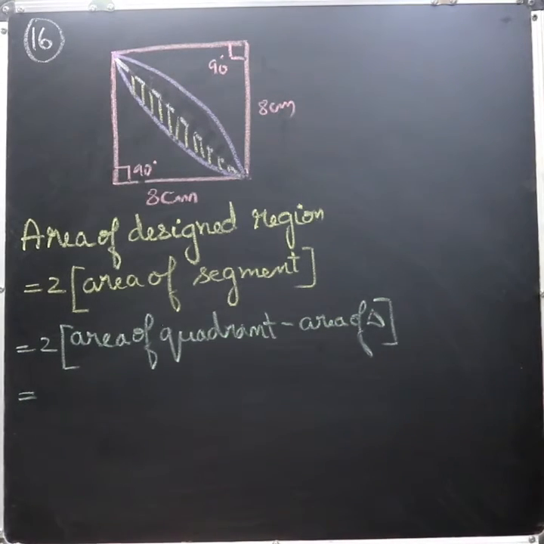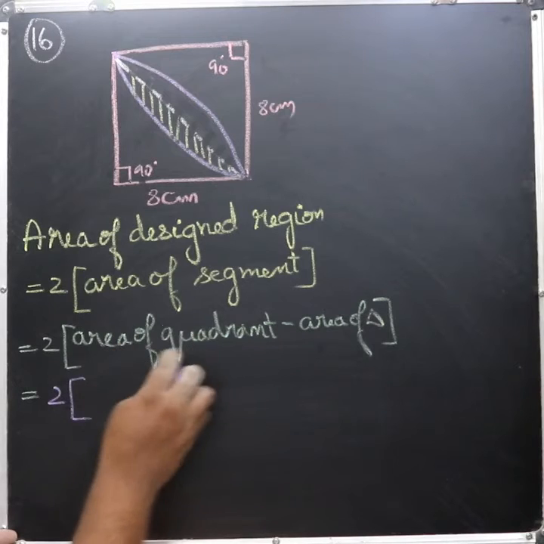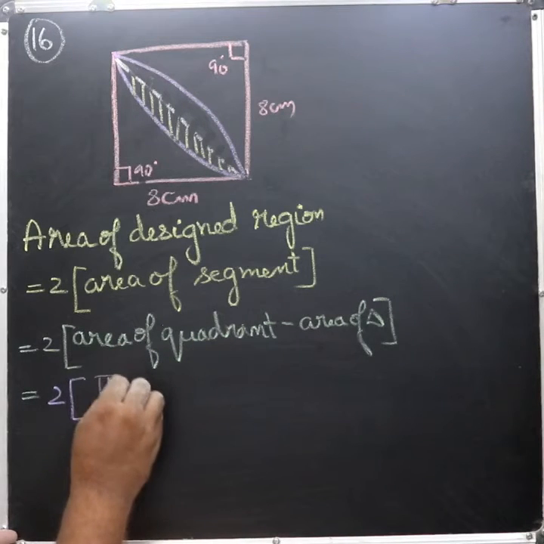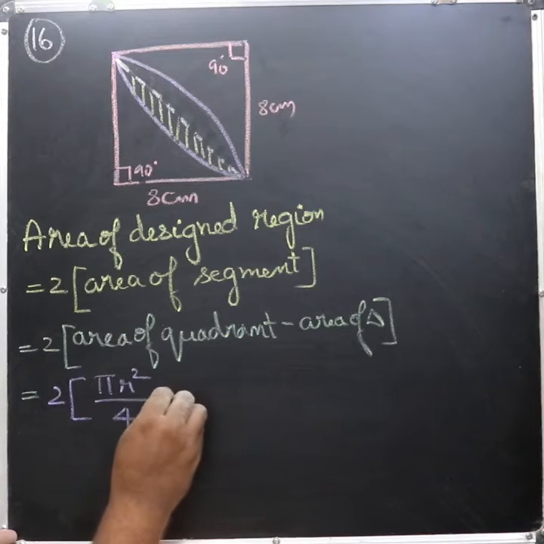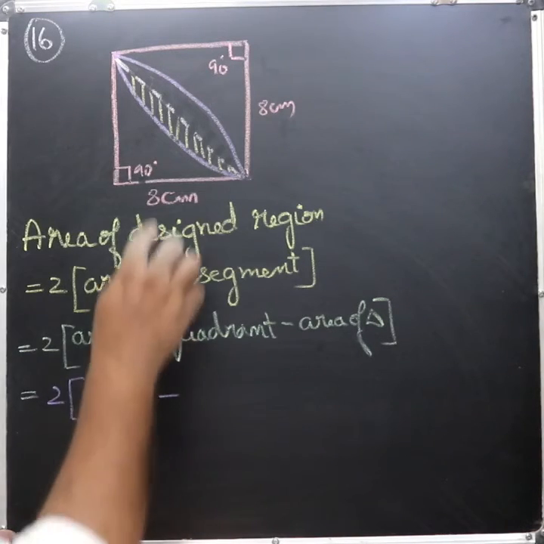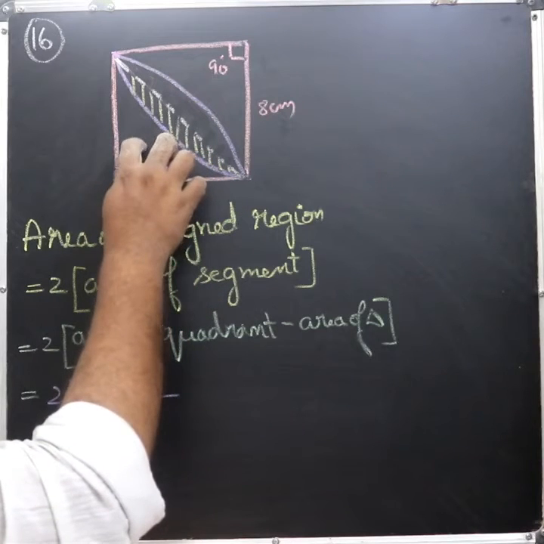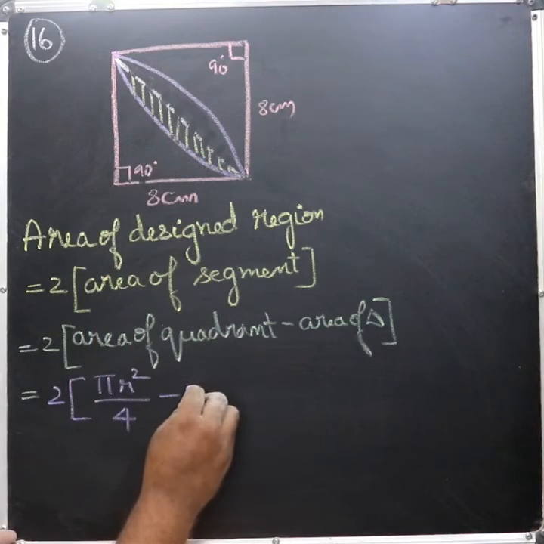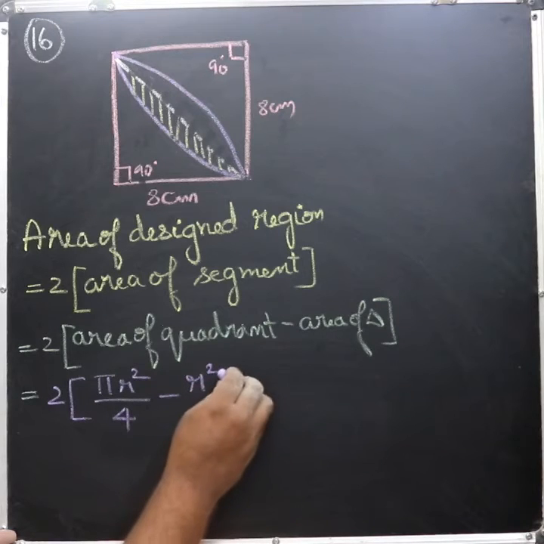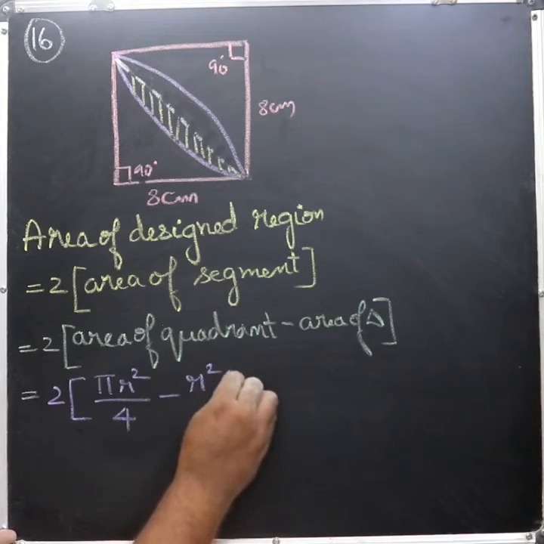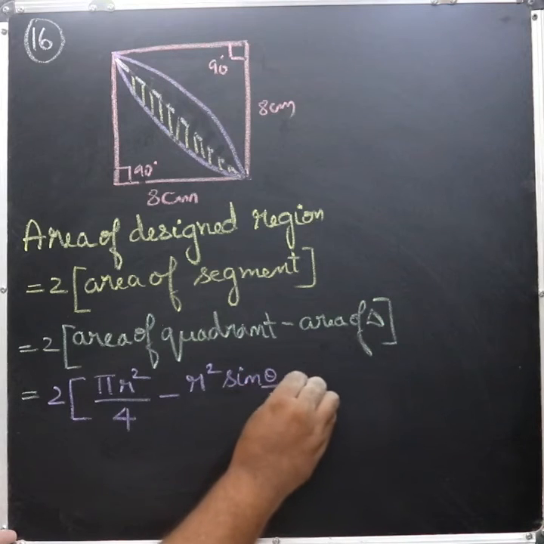Substituting the formulas, we are going to have 2 into area of quadrant is 1/4 of the area of the circle. So it is pi r squared by 4 minus area of the triangle is going to be, when we are using this angle, we are normally using trigonometric formula of finding the area of triangle, that is r squared sin theta by 2 cos theta by 2.